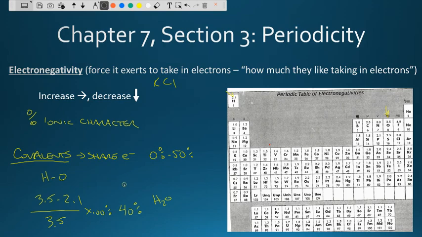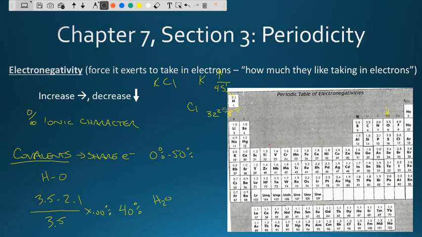Here's what's happening. If I look at an orbital diagram, here's potassium. I'm not going to do the 1s1, 2s2 and all that. It ends with a 4s1. I take a look at chlorine, and that ends with a 3s2 and a 3p5.